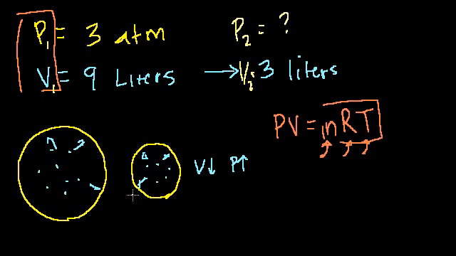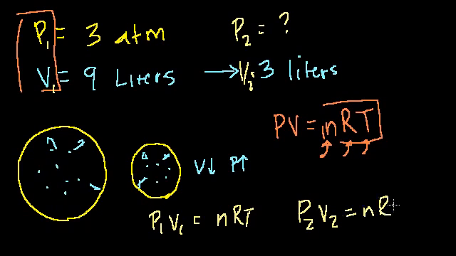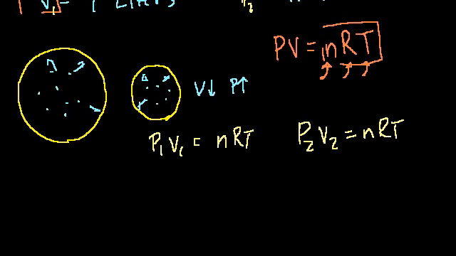Well, we know that P1 times V1 is equal to nRT. And since temperature and the number of moles of our gas stay constant, P2 times V2 is also equal to nRT. Since they both equal the same thing, the pressure times the volume, as long as the temperature is held constant, will be a constant.